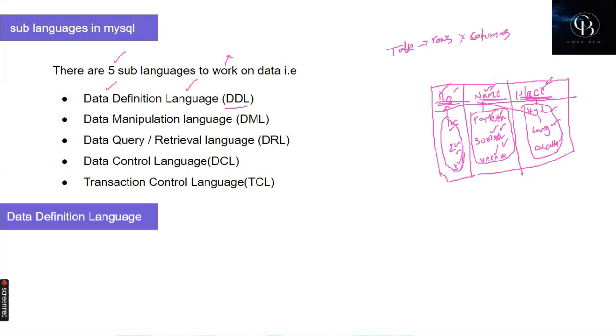If you want to work on the data definition part, either adding a new column, creating an entire table, or dropping, meaning deleting, a particular column, or if the column size is currently 30 and you want to change it to 50, so if you want to work only on the structure part, that is, only on the definition part, we will use DDL.